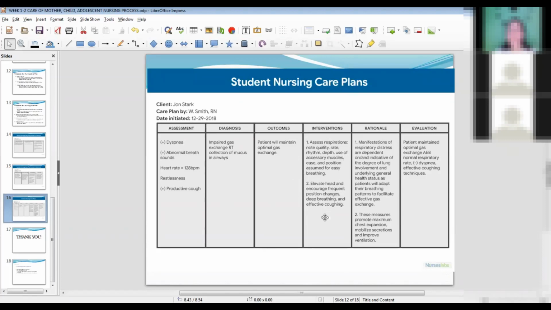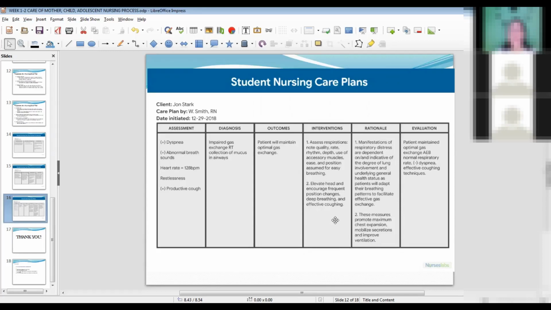Okay, the second intervention: elevate head and encourage frequent position changes, deep breathing, and effective coughing. So these measures promote maximum chest expansion and mobilize secretions and improve ventilation. So these are the scientific basis for the action in intervention number 2.